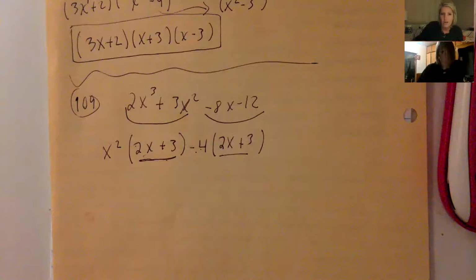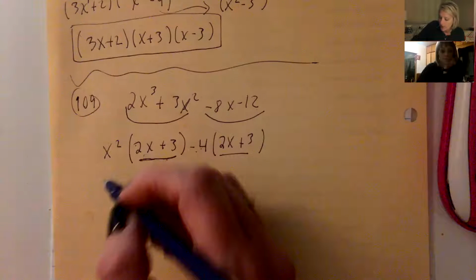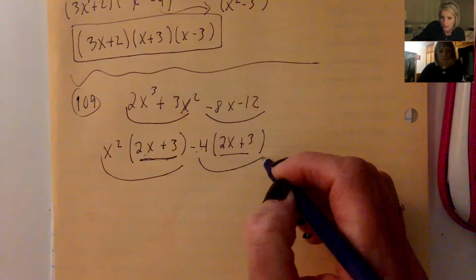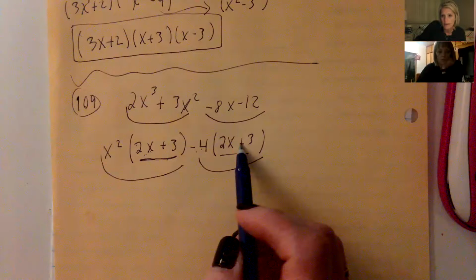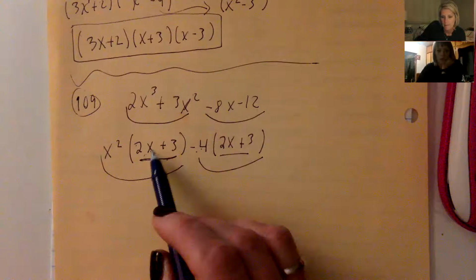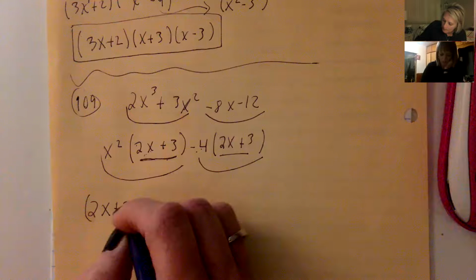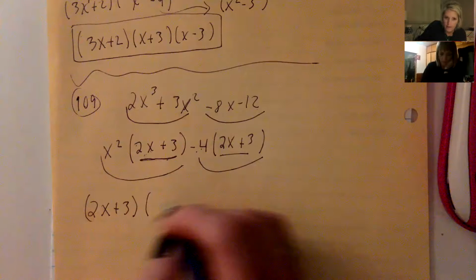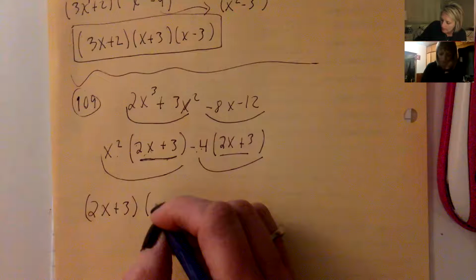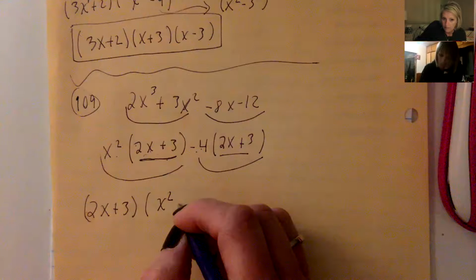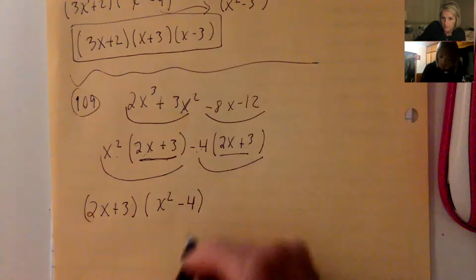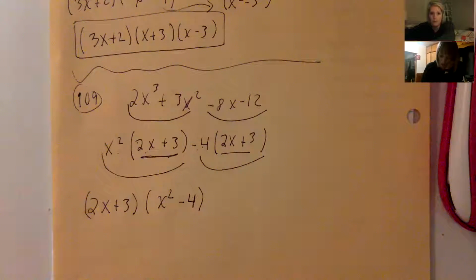Okay. And so now we're saying what's in common between this grouping and this grouping is the 2x plus 3, right? Right. So let's bring that out in front, 2x plus 3. And then we have an x squared minus 4.